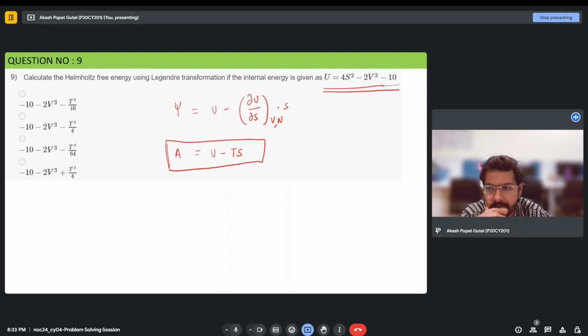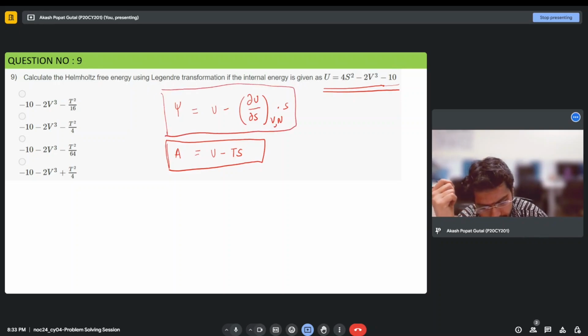So that's why this problem has some absurdity. So you should just remember this. This is the form that we discussed as Legendre's transformation. We derived the Helmholtz free energy for classical systems using this Legendre's transformation.